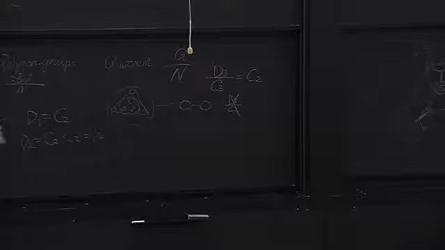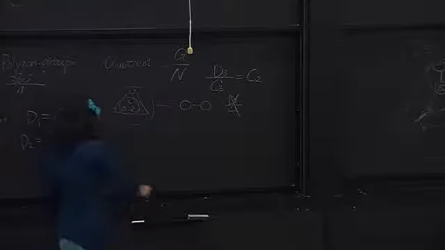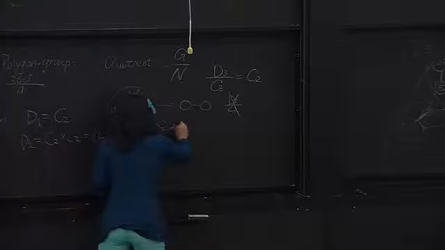And now we can finally answer the question, how do we get a D3 from C2 and C3? And that is called the semi-direct product.